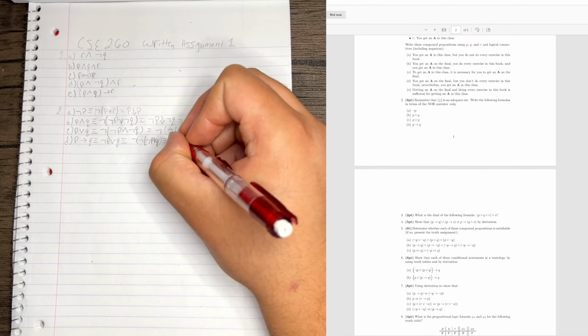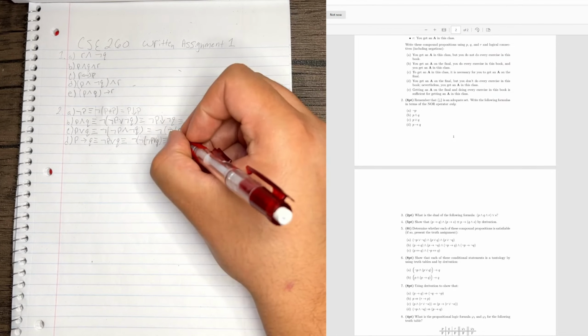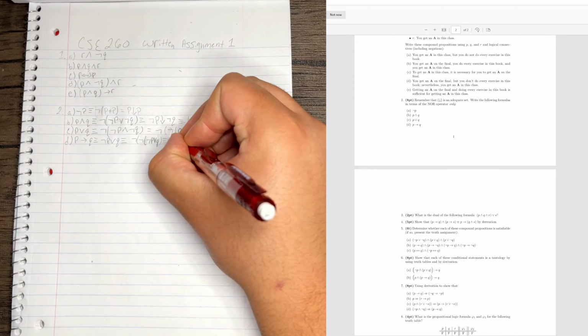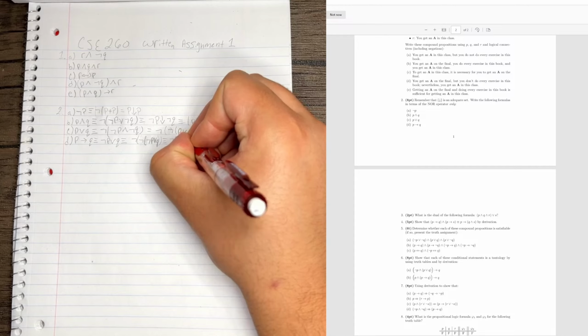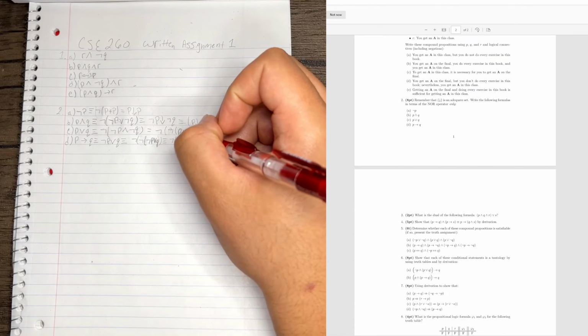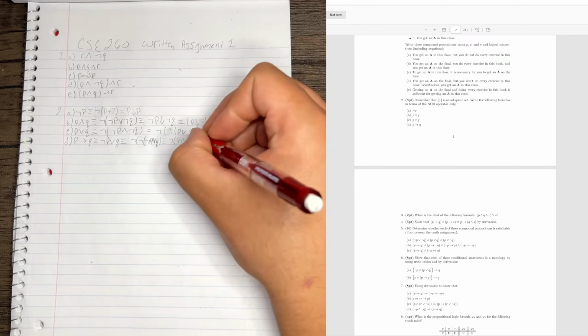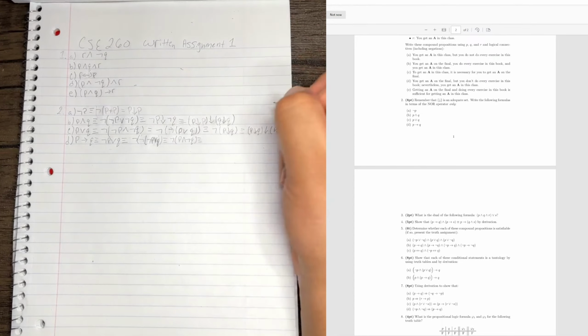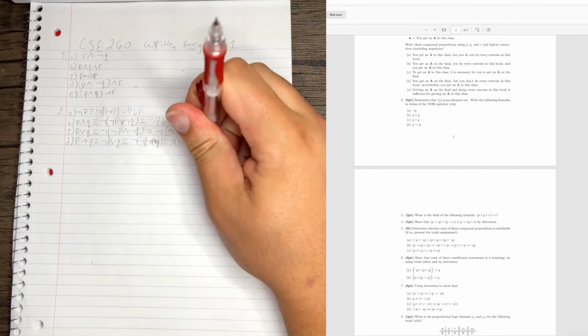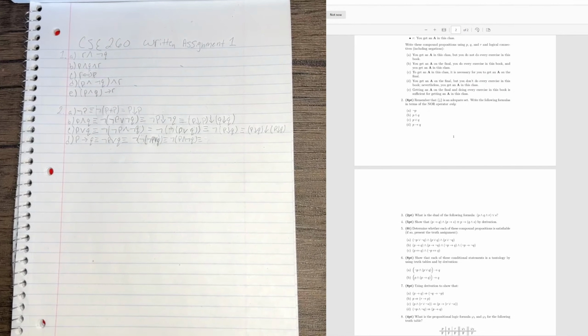Which is equivalent to that NOT. We distribute that to be P or not Q, which is what it looks like. So that would be right.